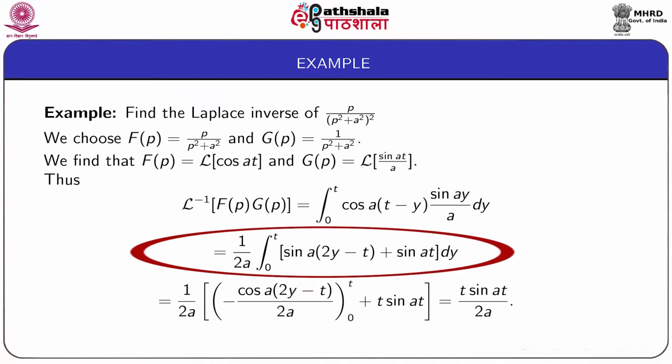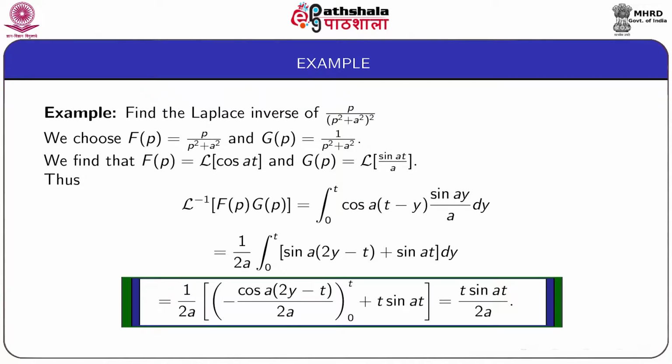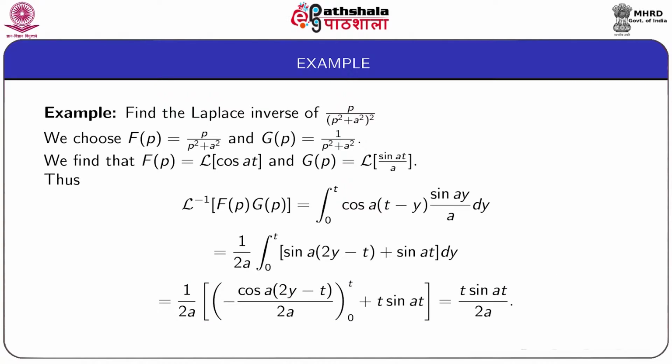sin a(2y minus t) plus sin at dy, which can be evaluated, and that gives 1 by 2a into minus cos a(2y minus t) by 2a, y equal to 0 to t, plus t sin at, which can be simplified to give t sin at by 2a.